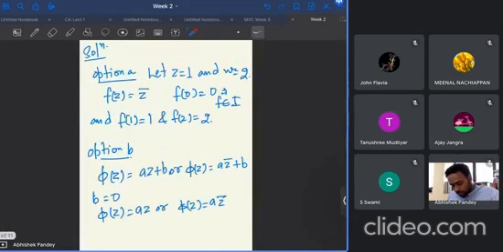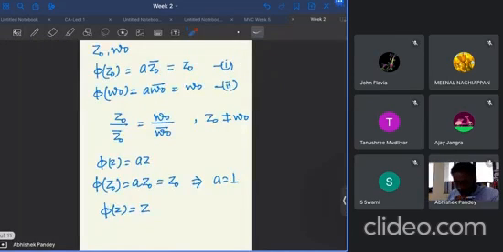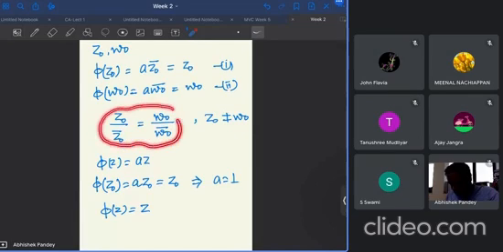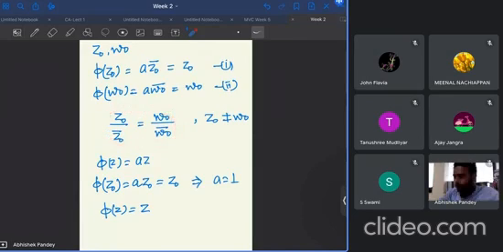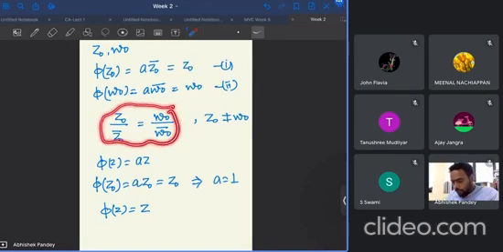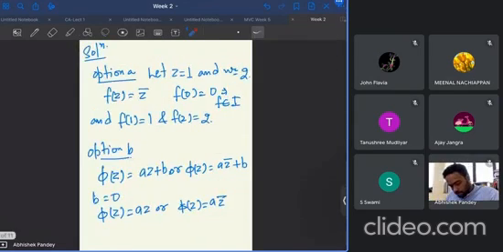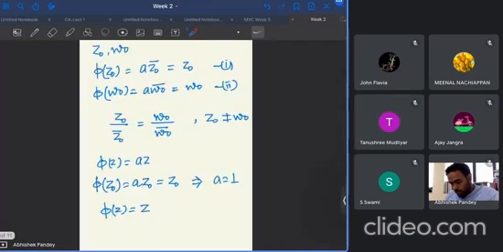But if you consider this function AZ bar, if you consider the function set a point satisfying this one, then this function will fix Z naught and W naught, isn't it?